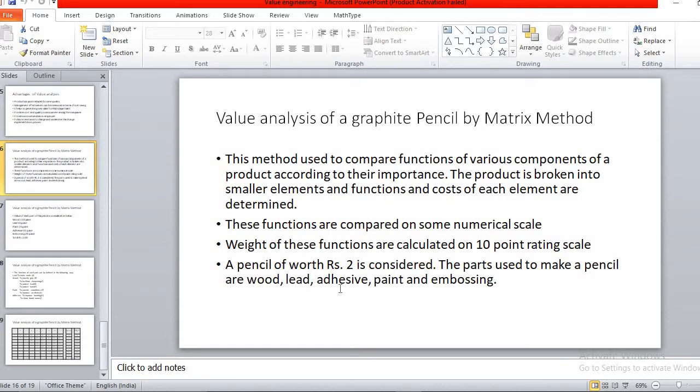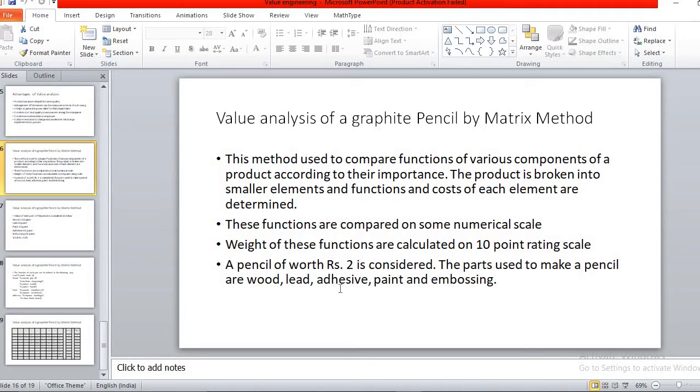As A, B, C, D, E, F, G, etc. For each function, we give a name by alphabets A, B, C, D, etc. Again, we find the correlation between the functions of these elements, and give weightage for the correlation of these functions on a scale of 1 to 3.